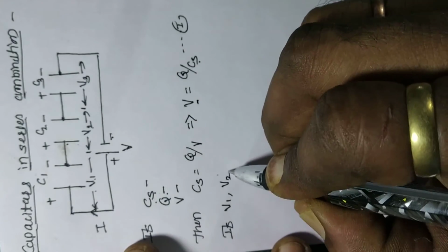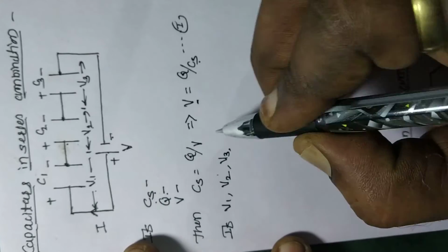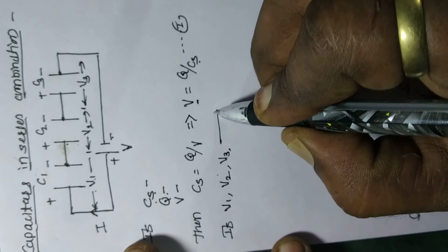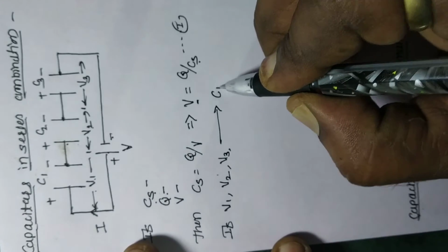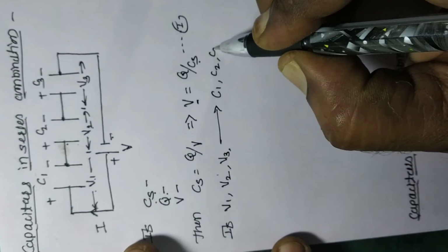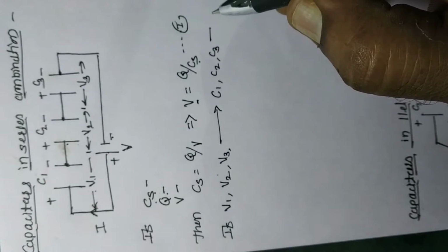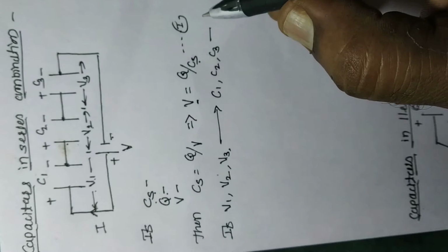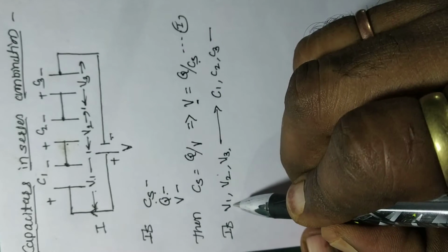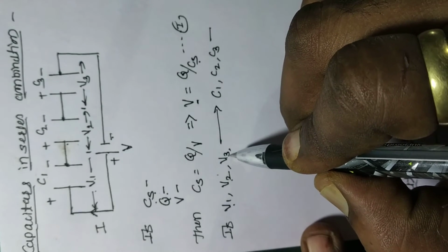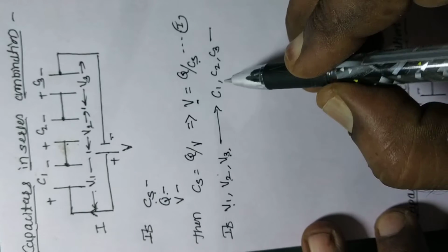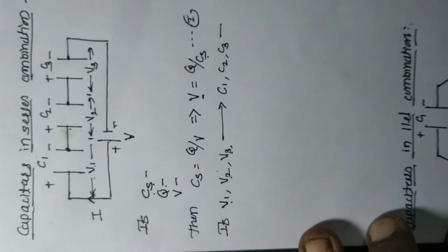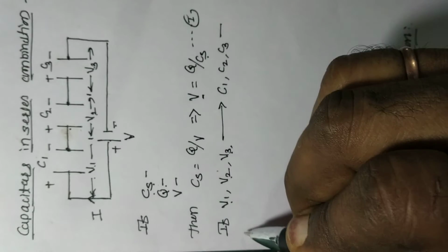Phi1, Phi2, Phi3 are the potentials across capacitors C1, C2, C3 respectively.